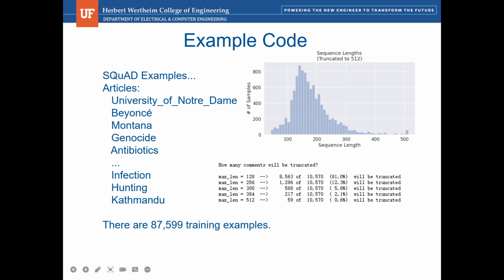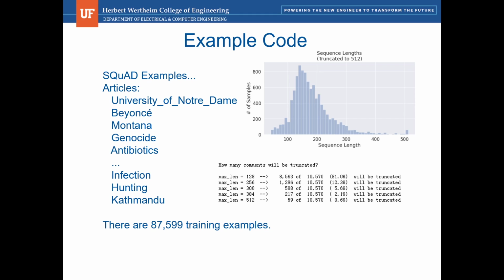Okay, so this is the SQuAD example title. This is the title of the article. There are this many training examples. The SQuAD dataset is stored in JSON format, which looks identical to Python dictionary syntax.